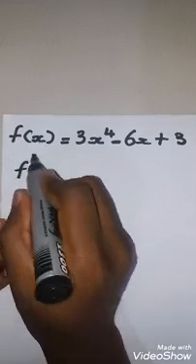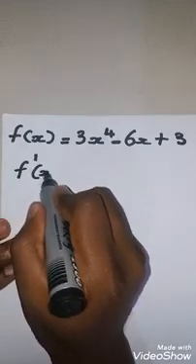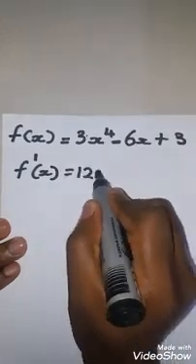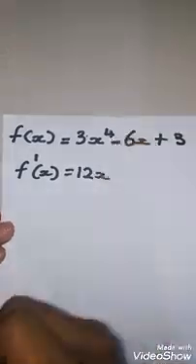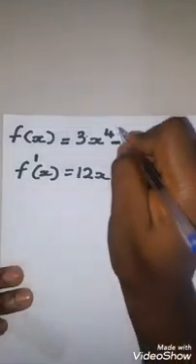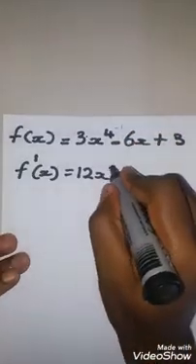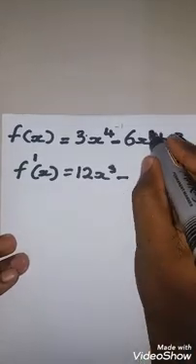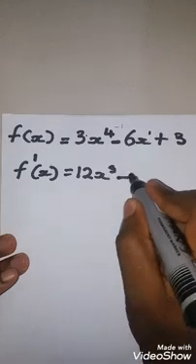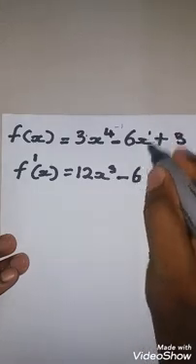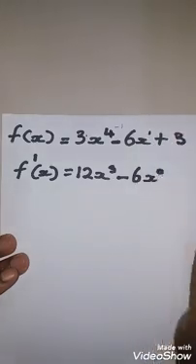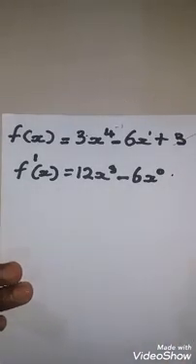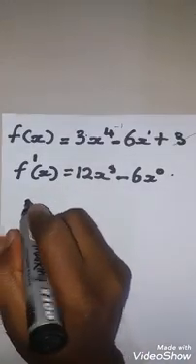Now when you differentiate f of x, it is denoted as f prime of x equals, now 3 times 4, 12, as we did earlier, x, 4 minus 1, that will give us 3, minus 6 times the power of 1, which is 6 times 1, 6, x, 1 minus 1 should be 0, and 3 has no value for x, so we get rid of it.